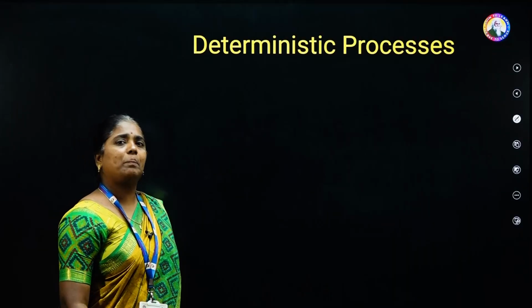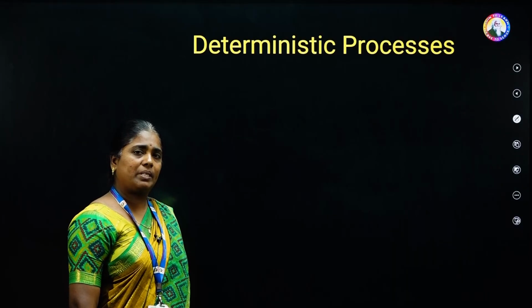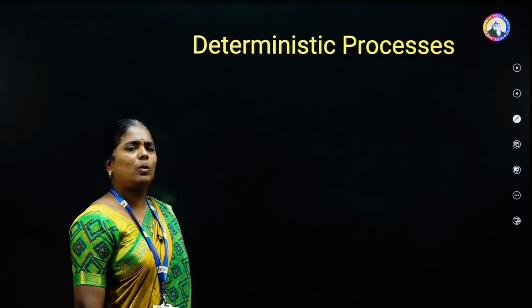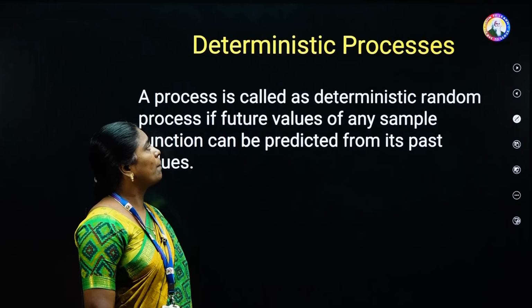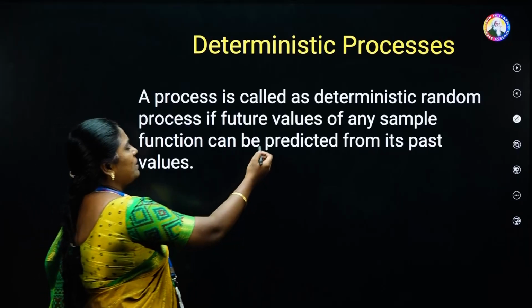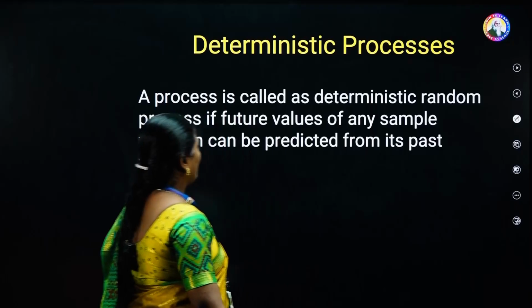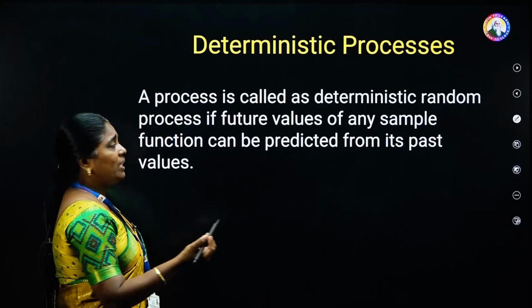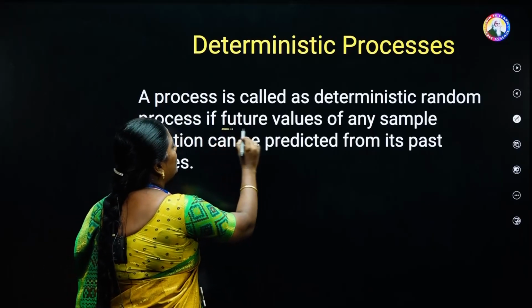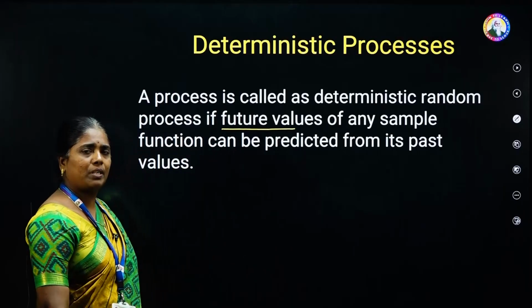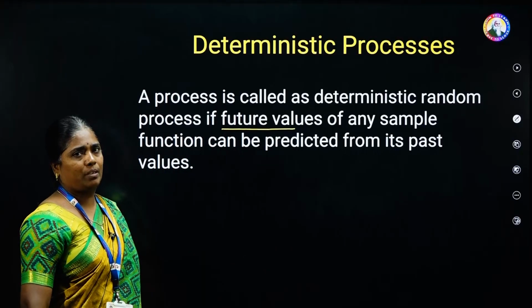Next, the other type of random process is the deterministic process. What is meant by deterministic process? The word determine means we are able to find out the future values of the sample function based on the past values.